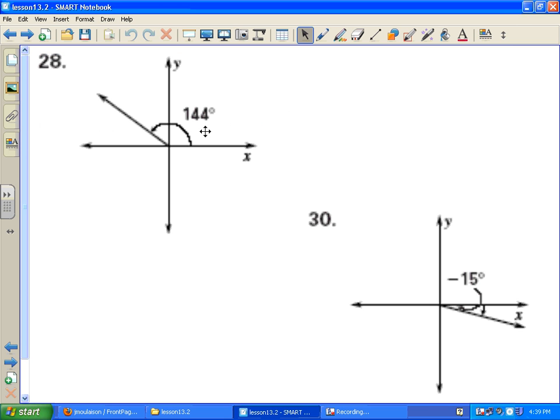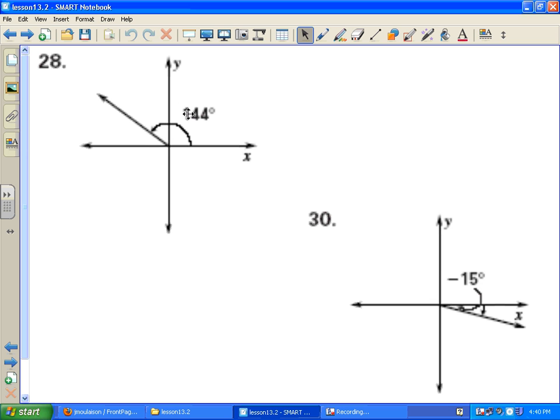So for 144 degrees, the positive indicates a counterclockwise rotation. The initial side is here along the positive x-axis because this is standard position. If the measure were 90 degrees, the terminal side would lie right along the positive y-axis. If this were 180 degrees, the terminal side would lie here along the negative x-axis.